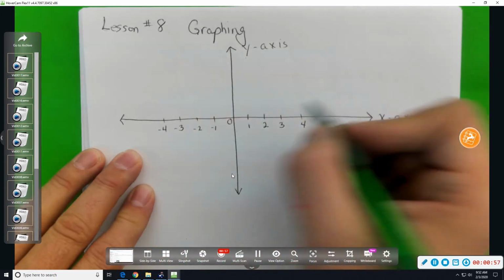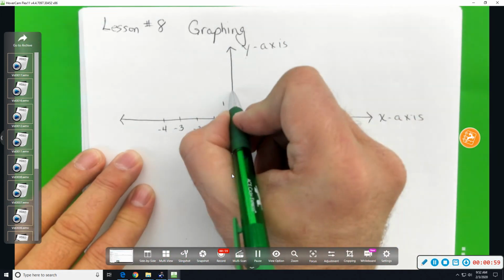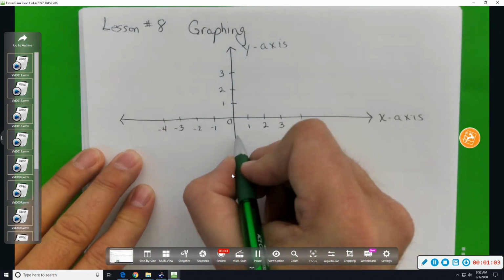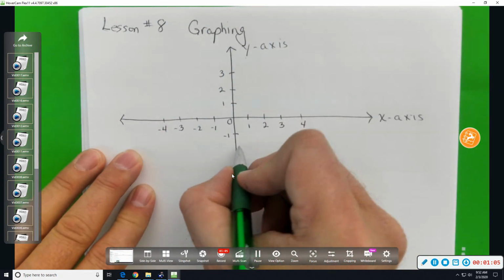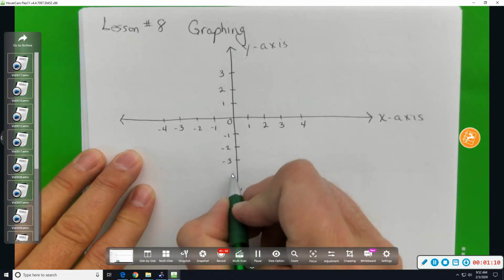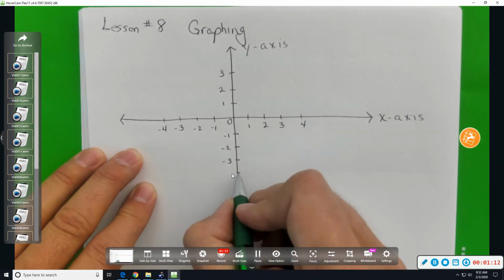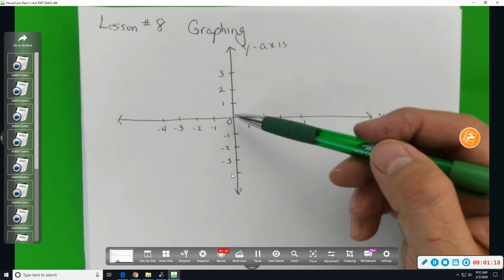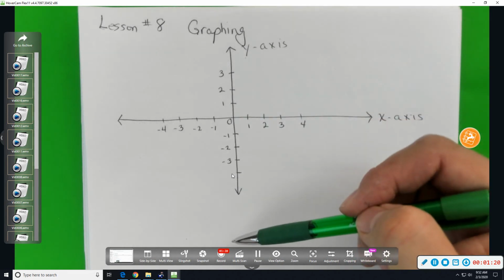On the y-axis, positive numbers go up and negative numbers go down. Some of you future physicists might do it a different way on the y-axis. But in math, we always have the y-axis, positive numbers up, negative numbers down.